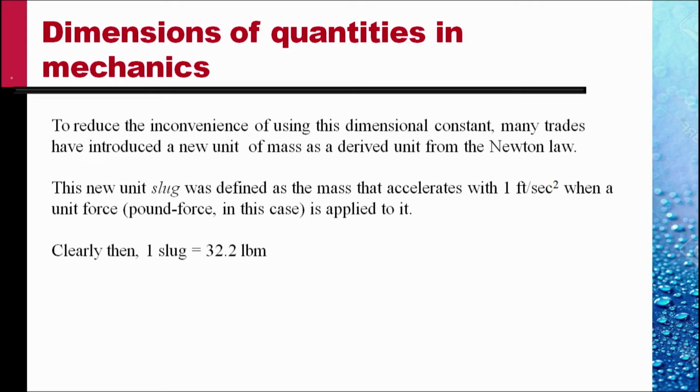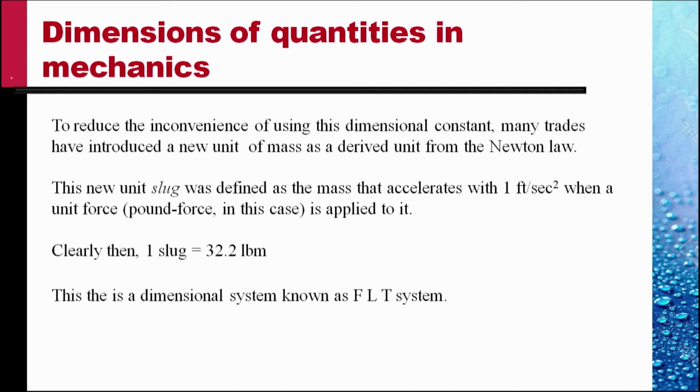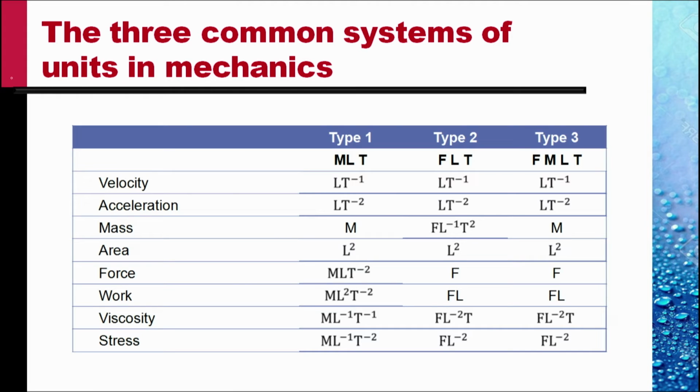I will not elaborate on this any further, but this is a system known as the FLT system. This table shows you the various quantities that we use in mechanics, and their units or dimensions in the 3 types of base systems that we defined.